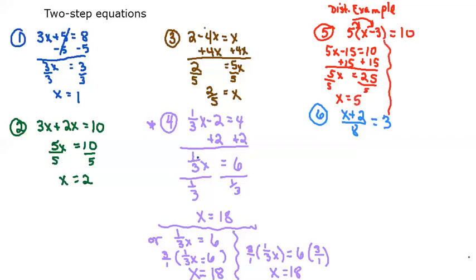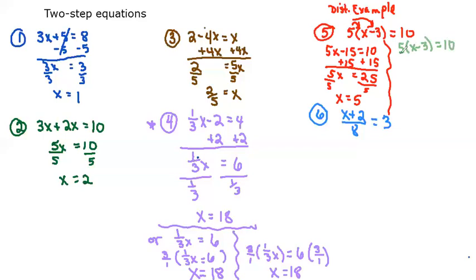The second way is by just dividing by the 5. So what if I came up here and instead of, let me change colors for a sec. Okay, so we start off with this.